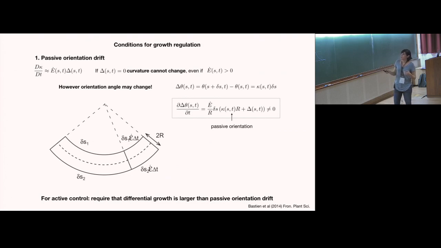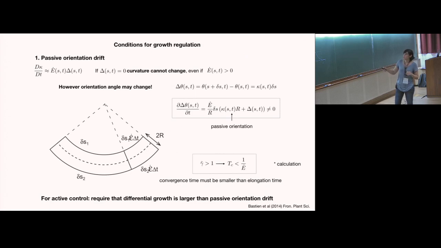And if I substitute this in our equation and play with things a bit, I get this equation here, which tells me how the difference in orientation changes over time. And I see this part of the equation is 0, because we have no differential growth.